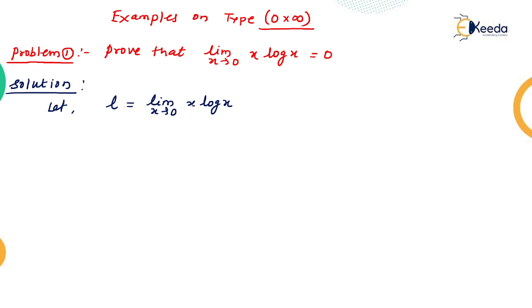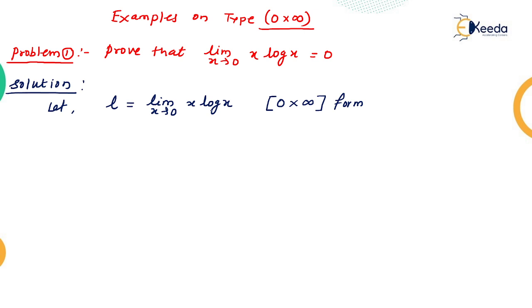You have to check, guys, if we replace x by 0 in this limit, x into log x becomes 0 into log 0, and log 0 becomes infinity. I hope you understand this. Now what is your target? We have to convert it into 0 by 0 or infinity by infinity.